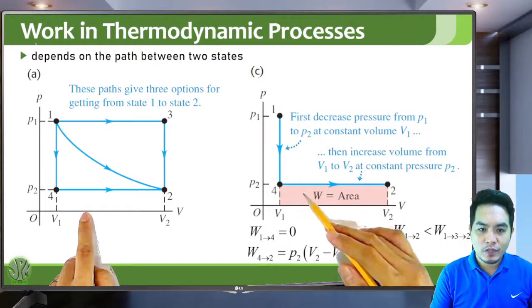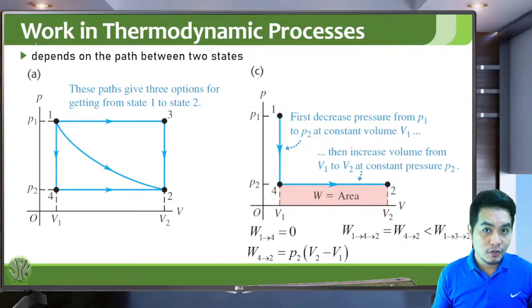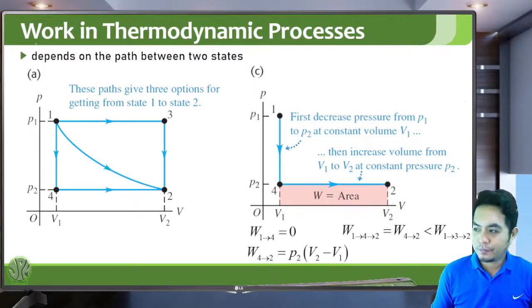In the process 142, the work done is much lower. So again, the path between thermodynamic states affects the work. Depending on the path, the work may be larger or it may be lesser.